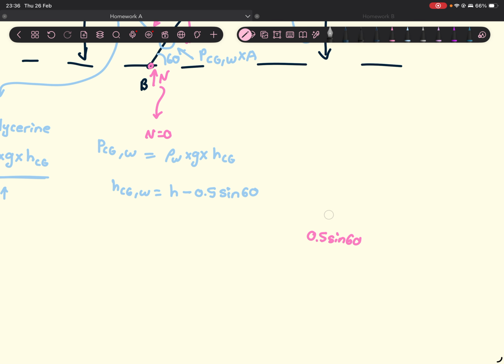So yeah, that's basically where that comes from. And then we're going to get PCG of water is equal to rho of water times G times H minus 0.5 sine 60.